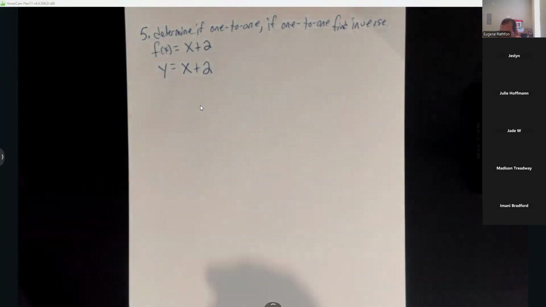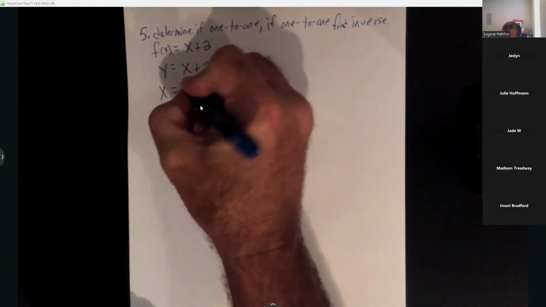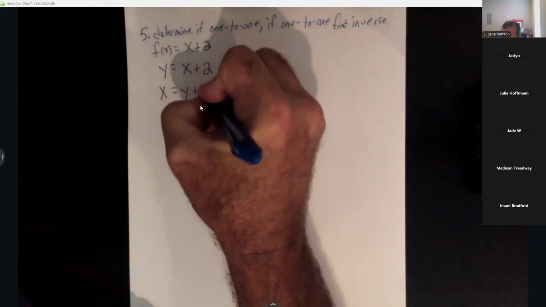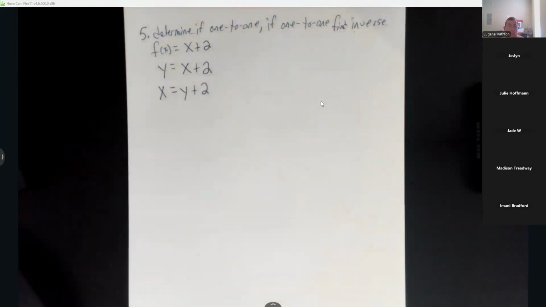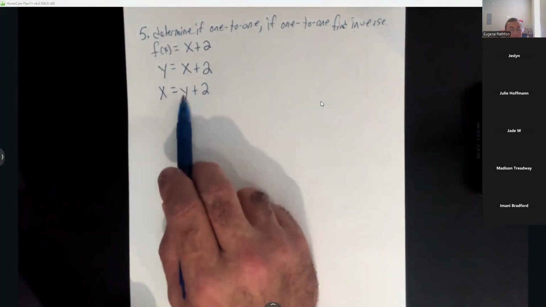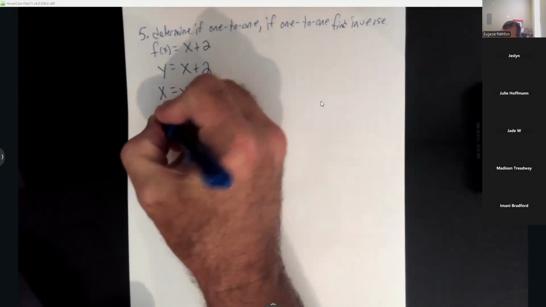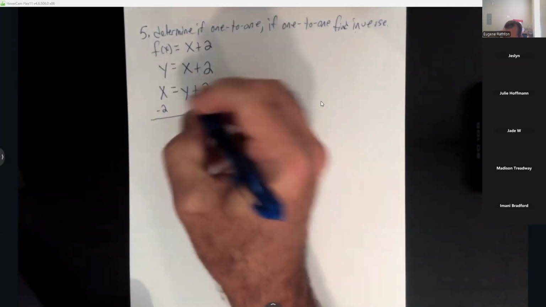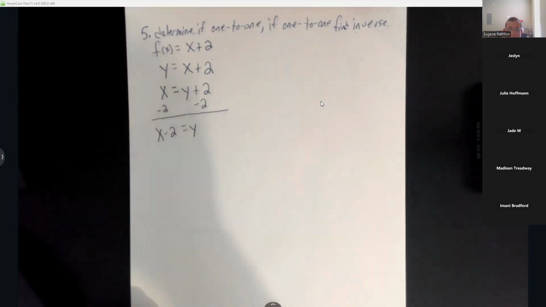Flip the x and y, perfect. You're going to put the x out here, and that's going to equal y plus 2. All right, then the only thing left is to solve for y. So to get that y by itself, we subtract 2 from both sides. So we get x minus 2 equals y.